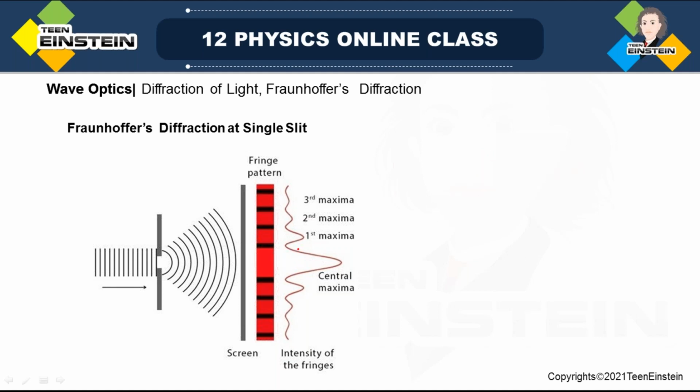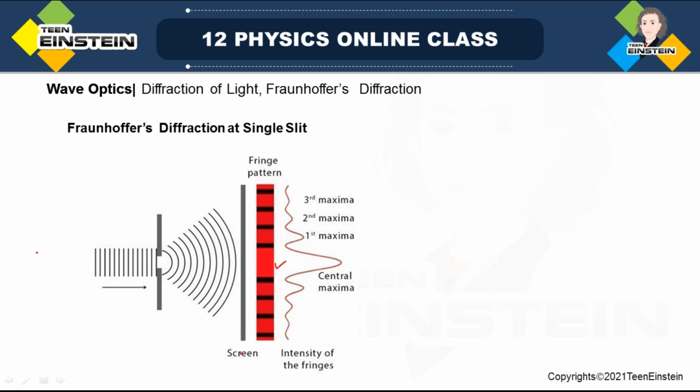As I have shown you in the very beginning, you will get a very white patch at the central point of the screen. This is the screen, and this is the pattern you will see.